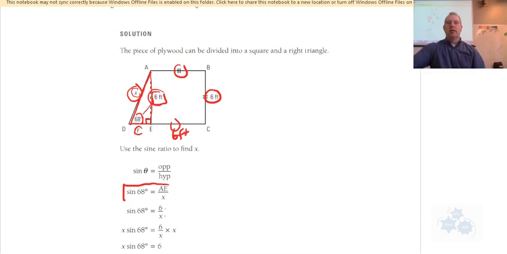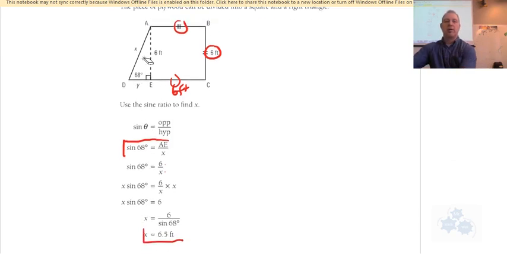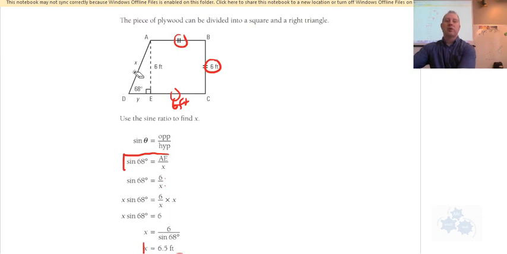Once you get this one, then you could get y either using Pythagoras, y squared plus 6 squared equals 6.5 squared, or you could do a trig ratio again.